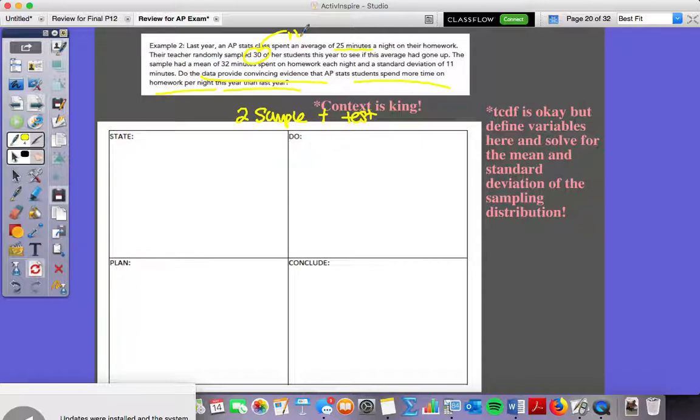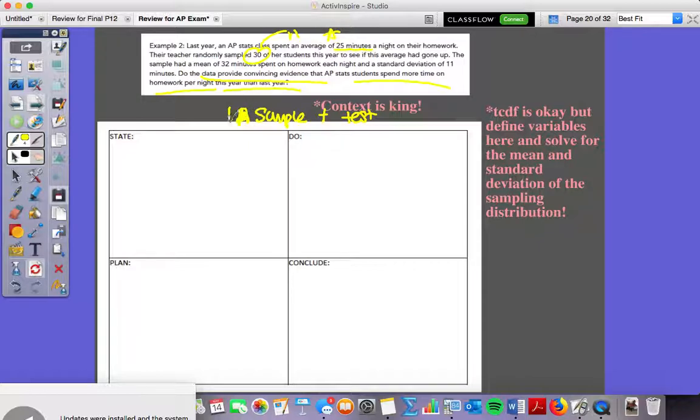So it says last year an AP Stats class spent an average of 25 minutes on their homework. Their teacher randomly sampled 30 of her students this year to see if this average had gone up. A sample had a mean of this and a standard deviation of this. Because we don't know that information from the first one, this could be 2 if I knew that.